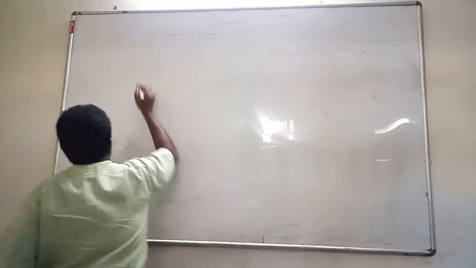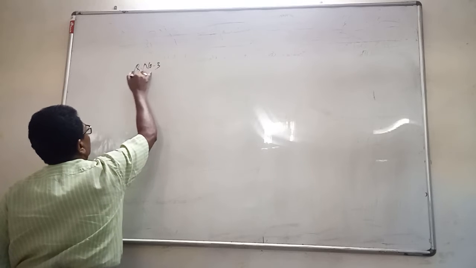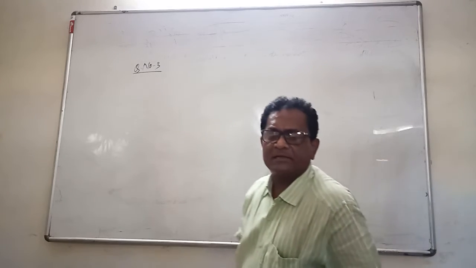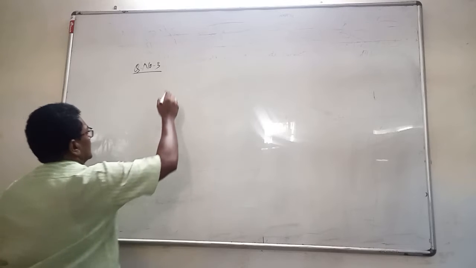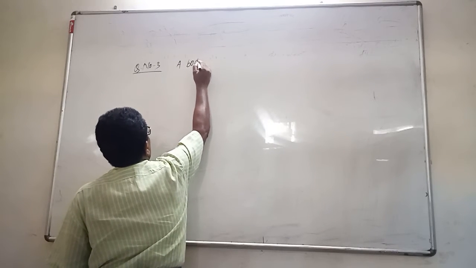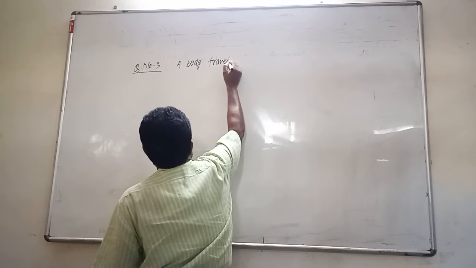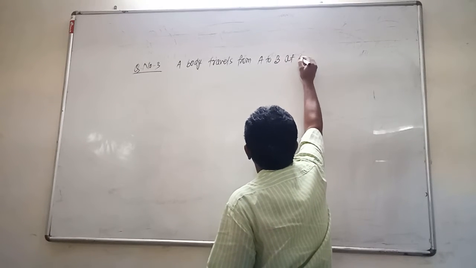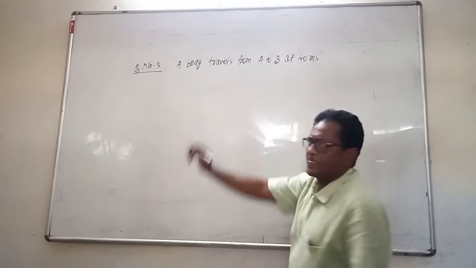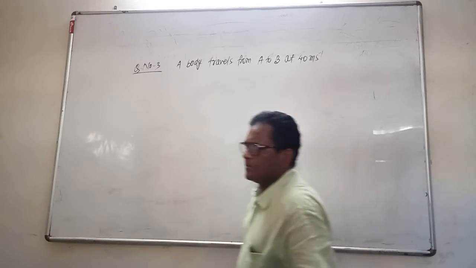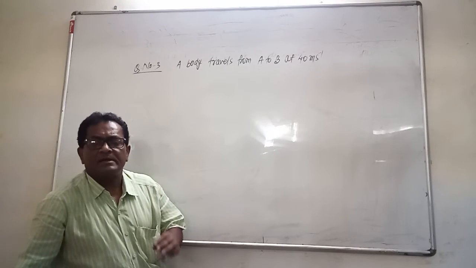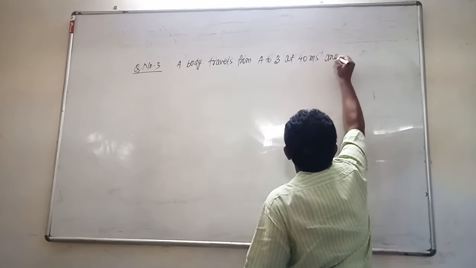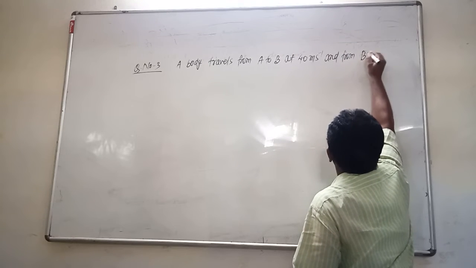Now question number 3. A body travels from A to B at 40 meter per second, and from B to A at 60 meter per second.